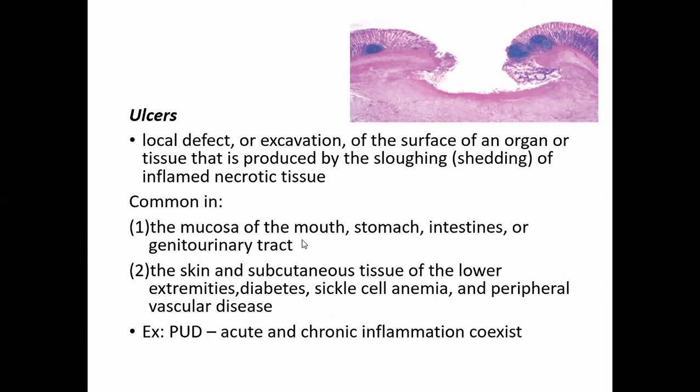Also the skin and subcutaneous tissues of the lower extremities in individuals with disorders that predispose to vascular insufficiency, such as diabetes, sickle cell anemia, and peripheral vascular disease. A good example of ulcer is peptic ulcer disease of the stomach or the duodenum, in which acute and chronic inflammation coexist.